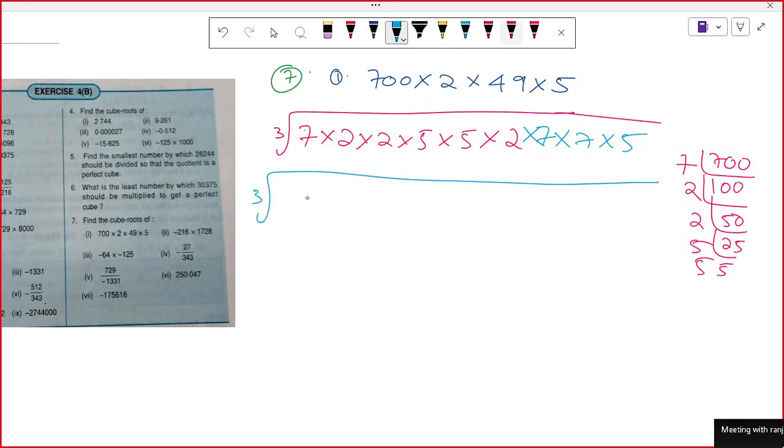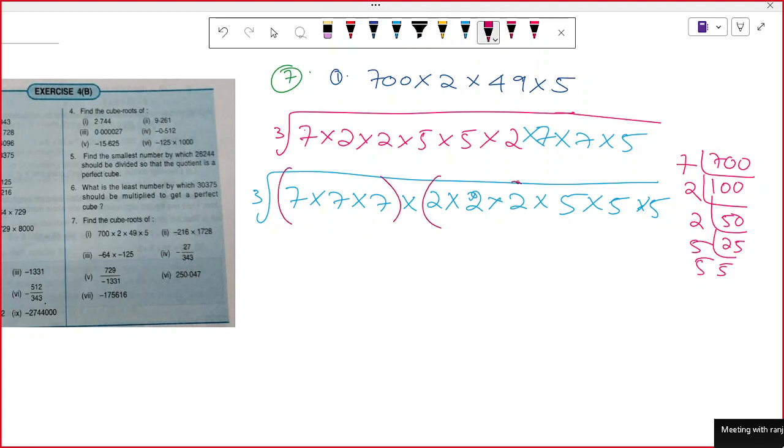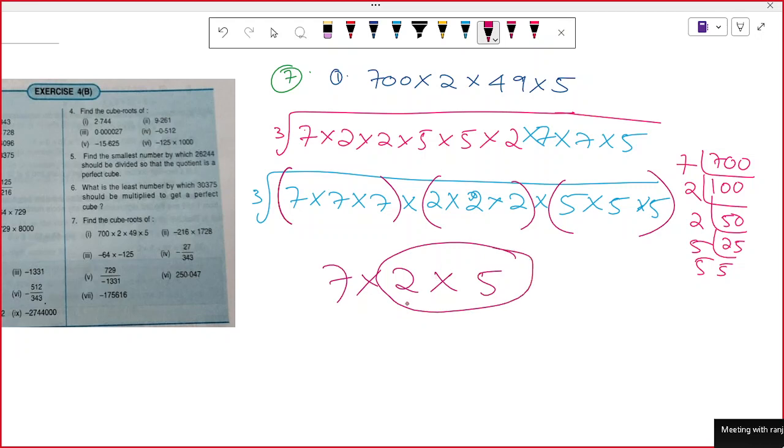Rearrange it like this: write all 7s together, all 2s together, and 5s. So done. Cube root it like this. What do you get? 7 into 2 into 5, 70. So 5 2s are 10, 7 10s are 70. Sir, I got it as 70, sir. Yes, 70 is the answer.